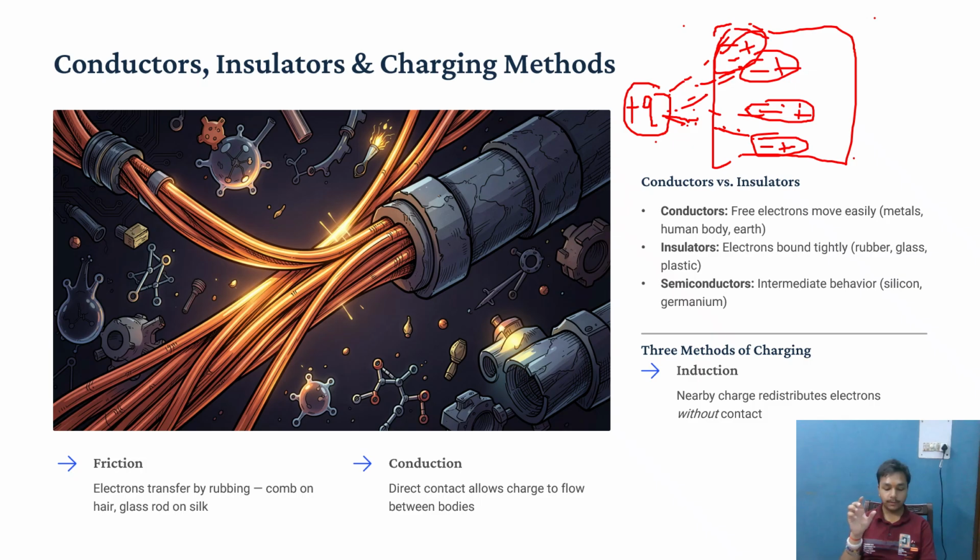When we place a charge near a non-conducting body, almost all of its atoms, which we call dipoles, get aligned towards the external charge as shown in this figure. All the charges are getting aligned towards the external charge, which is plus Q, the positive charge. This alignment of dipoles in a non-conducting body due to an external charge is called induction in non-conducting bodies or non-metals.